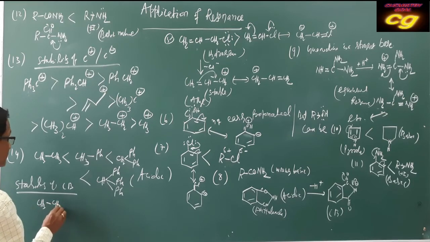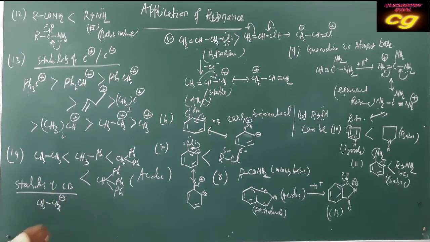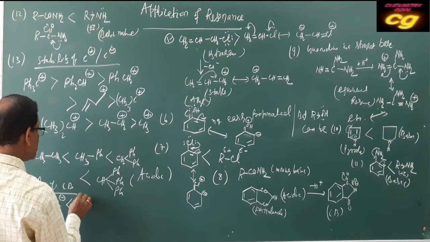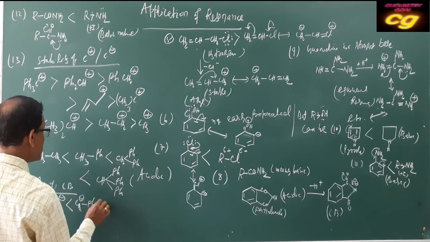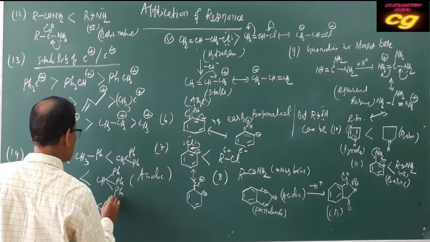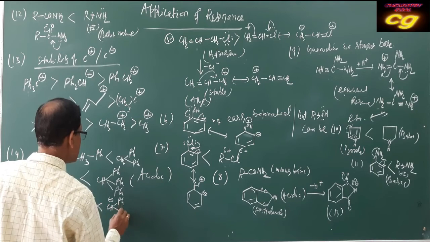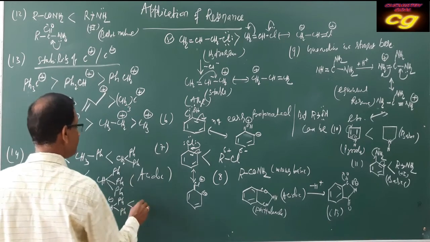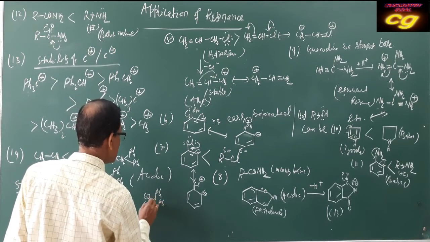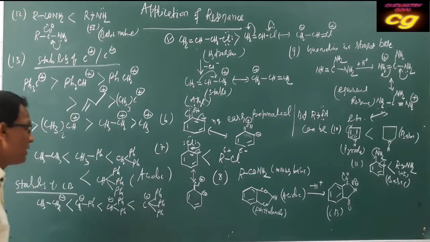CH3 minus is less stable than CH2 minus Ph, again less stable than CH minus Ph2, again less stable than C minus Ph3. What happens?